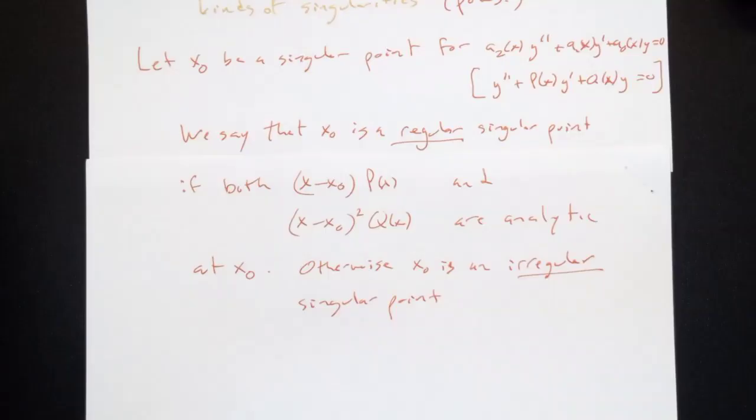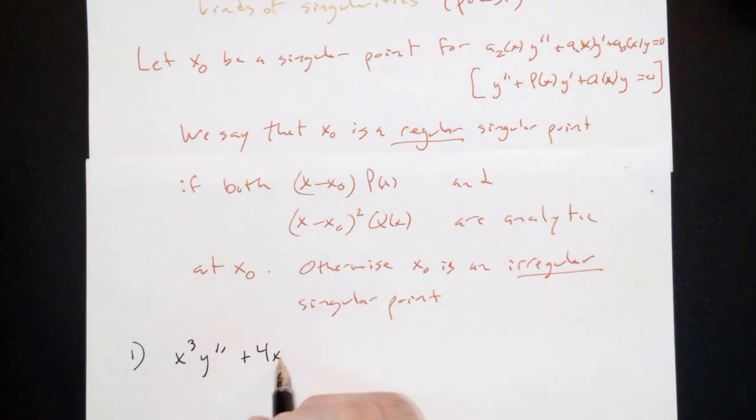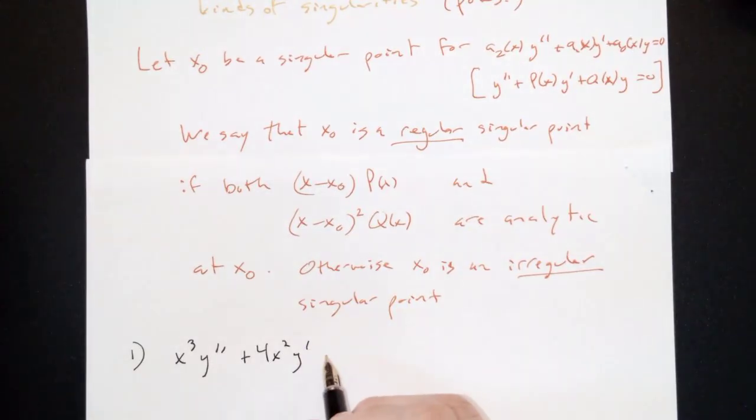I need some examples or this doesn't make any sense. Hang on. Here we go. x cubed y double prime plus 4x squared y prime plus 3y equals 0.